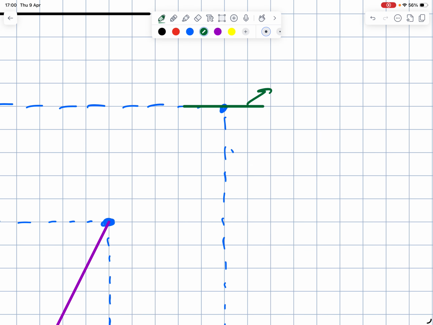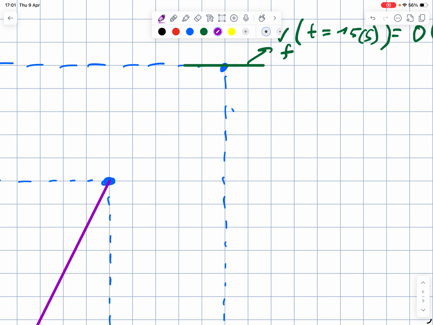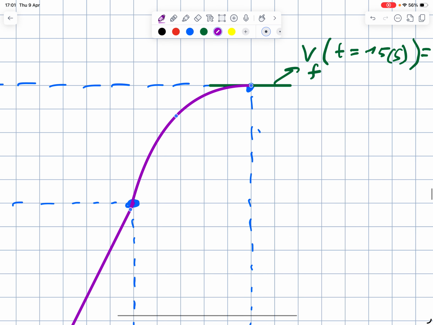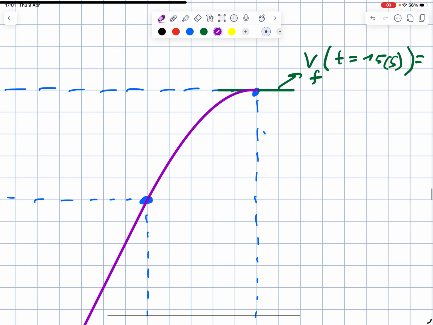So here v, when t equals, let's say, final 15 seconds, equals 0 meters per second. So I guess the parabola will look something like this. So this is our graph of x of t.